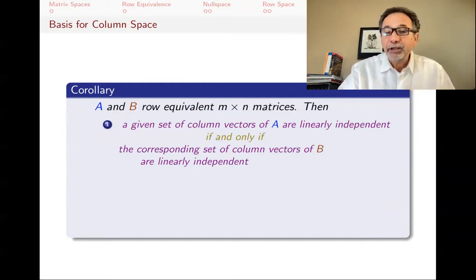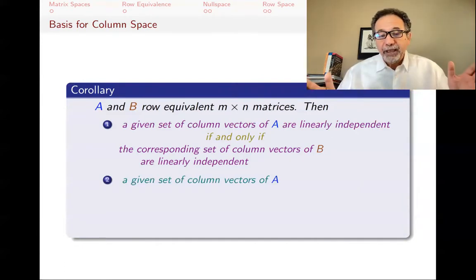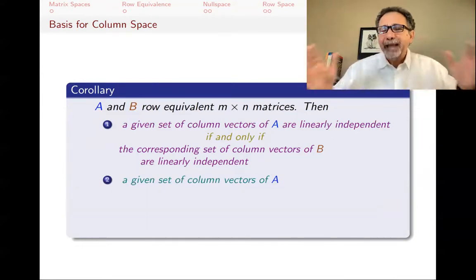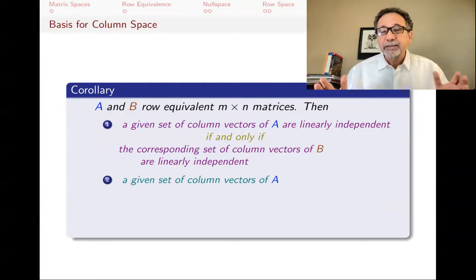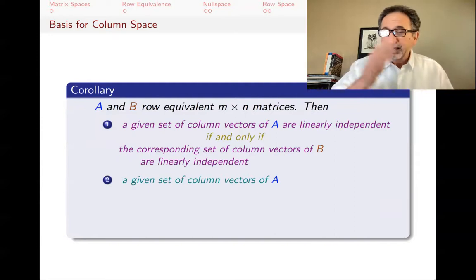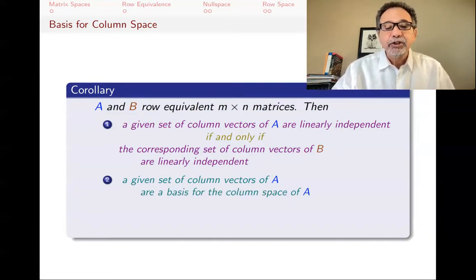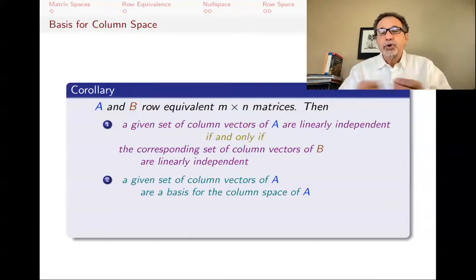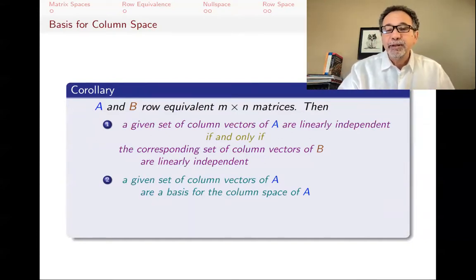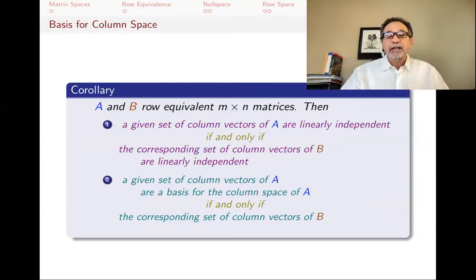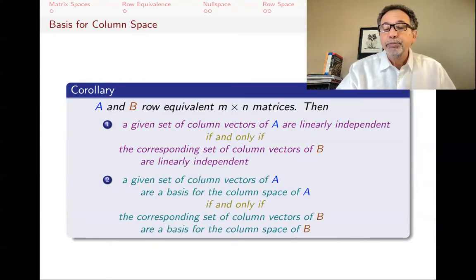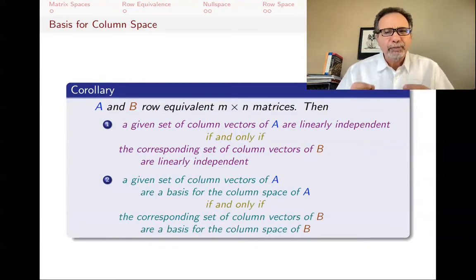Okay, and because columns of A are a spanning set for the column space of A, and columns of B are a spanning set for the column space of B, and because the linearly independent ones correspond to each other, so will the basis. So if you have a set of vectors that is a basis for the column space of A, the same corresponding set of column vectors in B, not the same vectors, will be a basis for the column space of B. And what do I mean by corresponding?